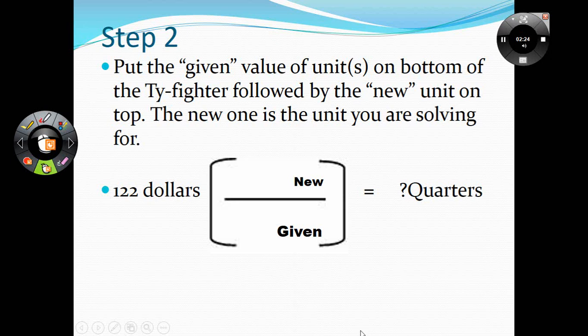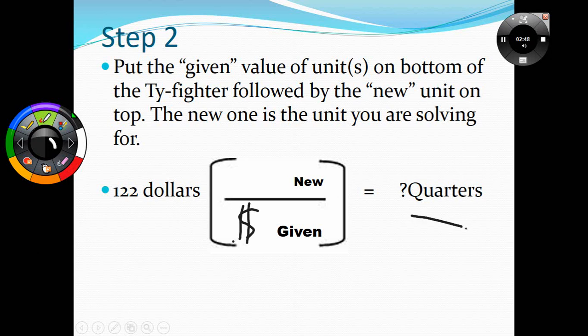So first you put the given value on the bottom of the TIE fighter, followed by the new unit on the top. So if I started with dollars, on the bottom I'm going to have dollars. If I'm going to quarters, on the top I'm going to have quarters.